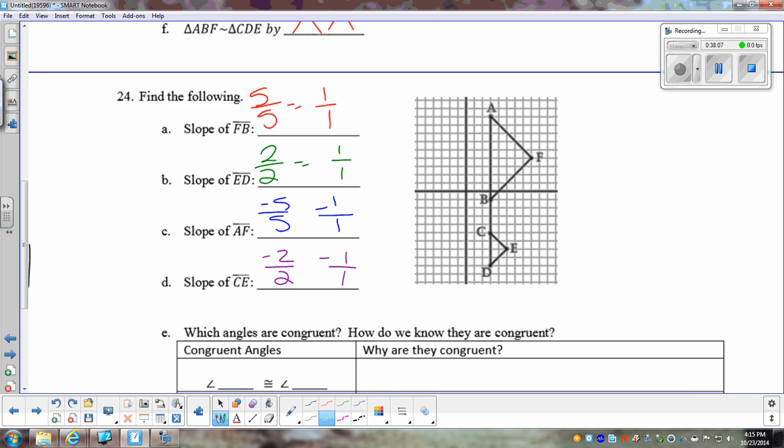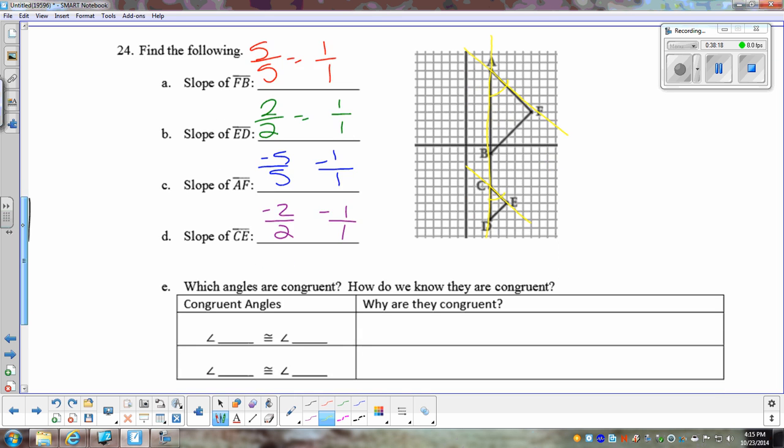So again, this time I know that AF is parallel to CE. And so if I look here, I know that angle A is congruent to angle C because they're corresponding.